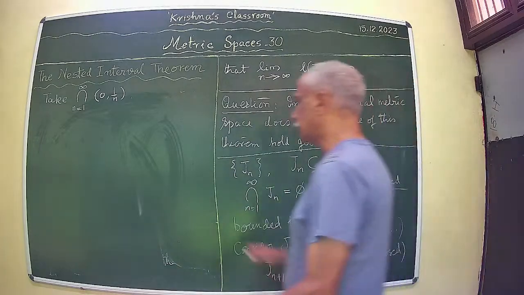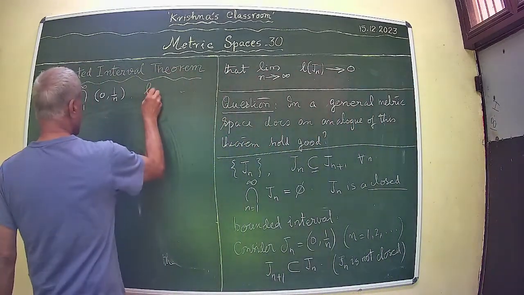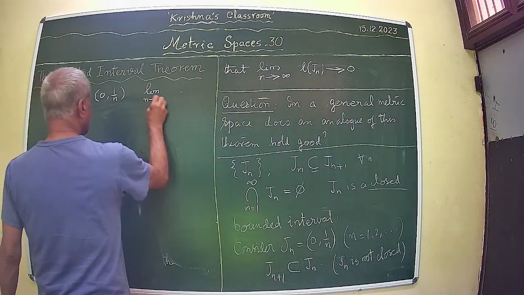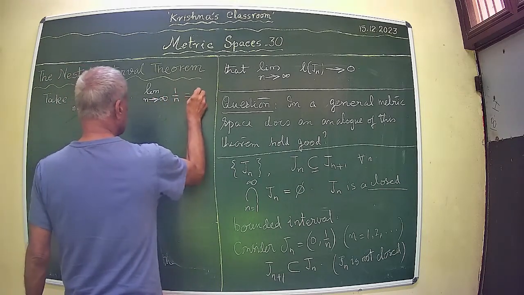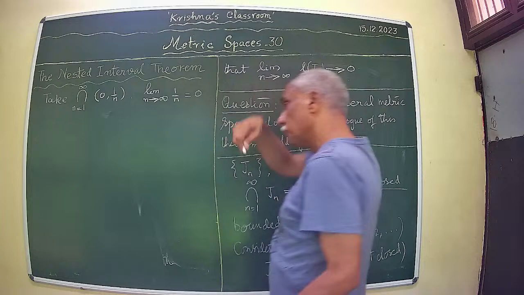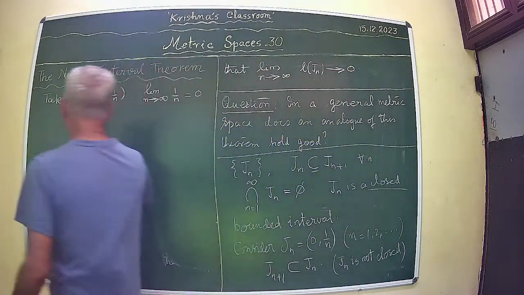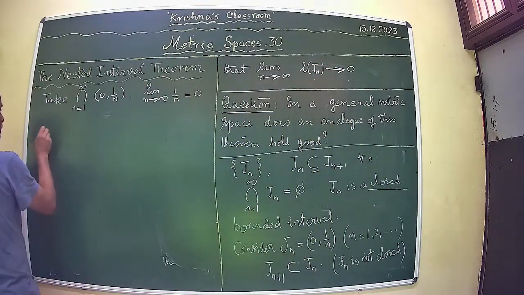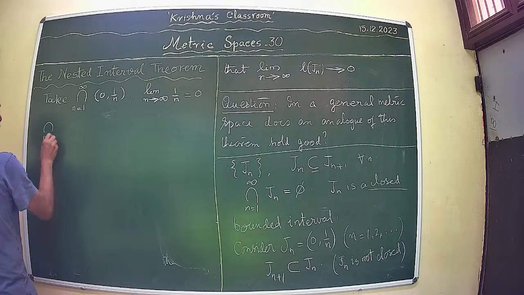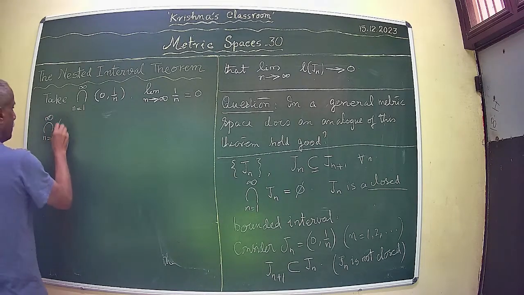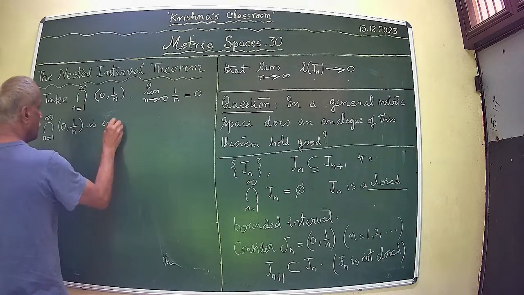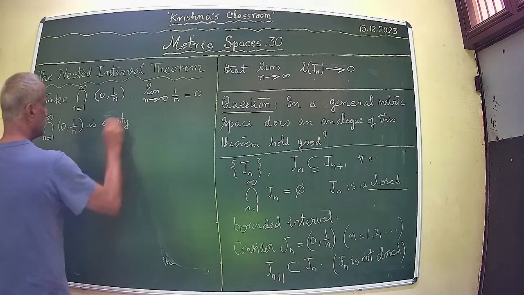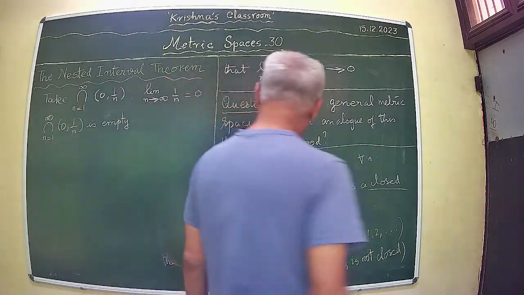Now you see that the limit as n tending to infinity of 1 by n is equal to 0. And you can easily see that the intersection is empty.